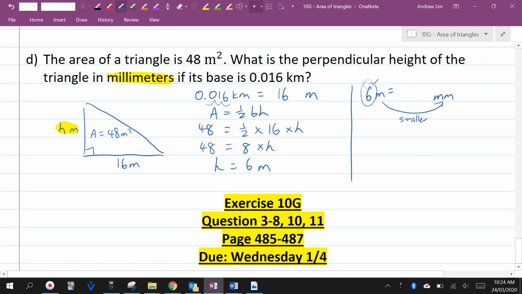So this number needs to get bigger. So we're going to multiply it. We're going to multiply it by 100 to turn it into centimeters, and 10 as well to convert that into millimeters. So 6 times 100 times 10. So the answer is 6,000 millimeters. Therefore, height is 6,000 millimeters.